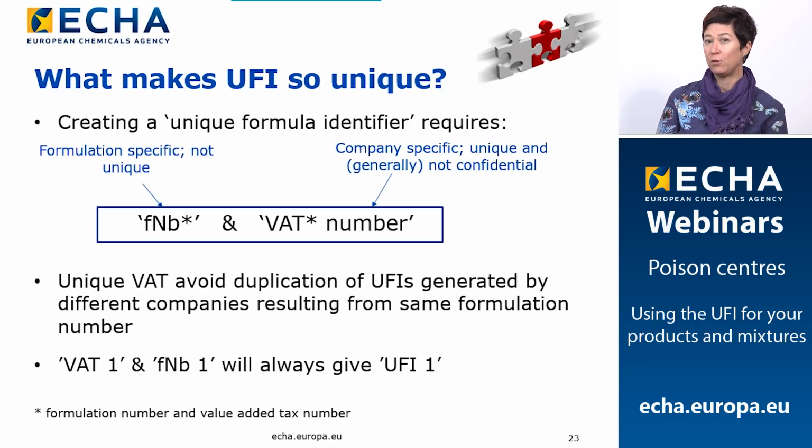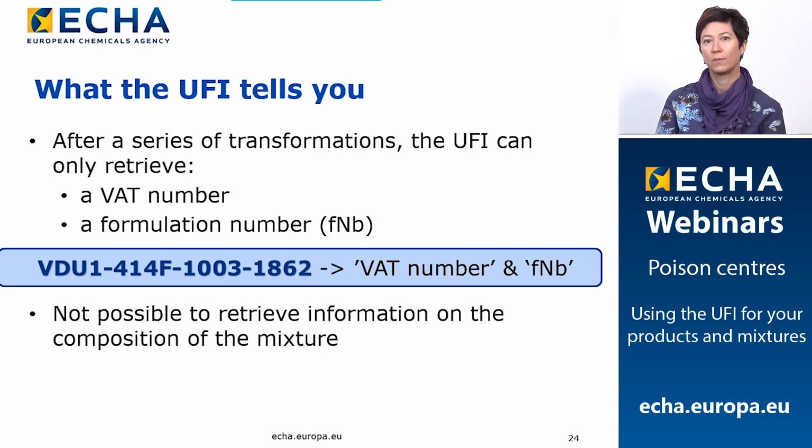Companies need to manage their UFIs in such a way so that they don't reuse their own formulation number, because using the same VAT and formulation number will always create the same UFI. Generating a UFI requires several transformations of the input data to arrive at a unique code.